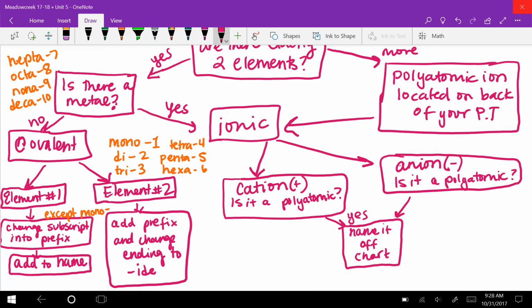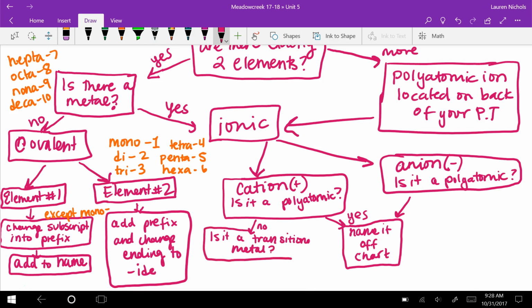If the answer for our cation is no, it's not a polyatomic, you ask yourself, is it a transition metal? Remember, transition metals are located in the D block of the periodic table, or columns 3 through 12. If the answer is yes, you need to use Roman numerals.